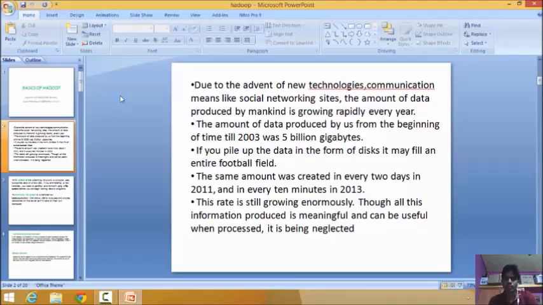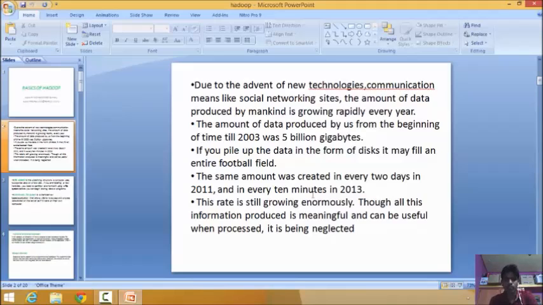The same amount was created every 2 days in 2011. As I have said earlier, the data is increasing exponentially. This is the result. From the past years, the data has increased to 5 billion gigabytes, and now that amount of data is created in only 2 days.